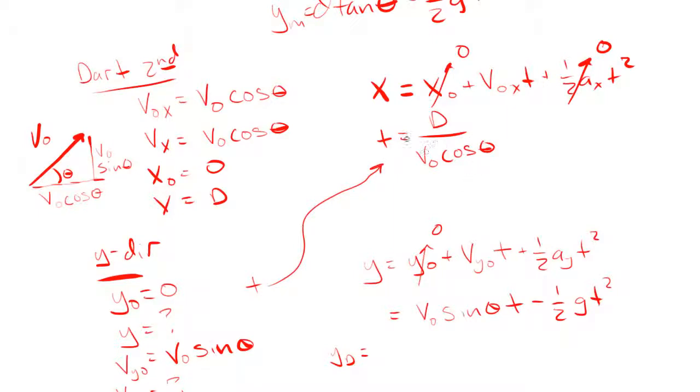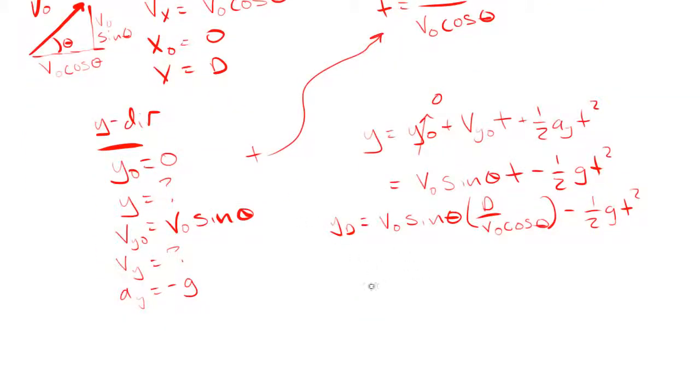So after this many seconds, I know the dart is at the horizontal position. So I'm going to put this t in here. I get v naught times sine theta times time, which is d divided by v naught cosine theta, minus 1/2 gt squared. I'm just going to leave the t in there because that's what I did up here. So I have a term 1/2 gt squared. That term's the same.